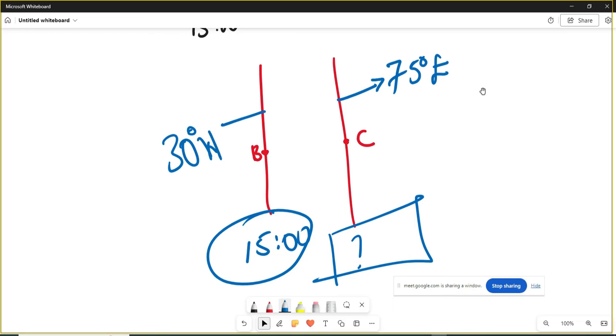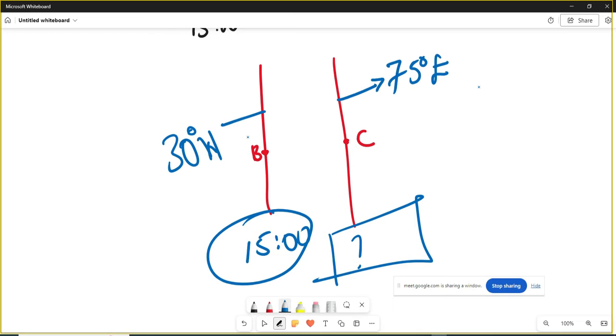What we are supposed to do is that first of all, we need to know the time difference between point B and point C. We need to appreciate the time difference. Very important, I'm emphasizing this.